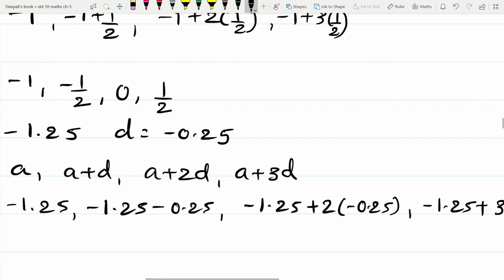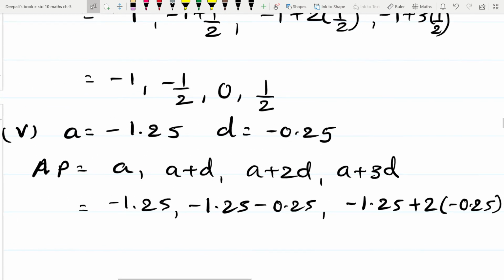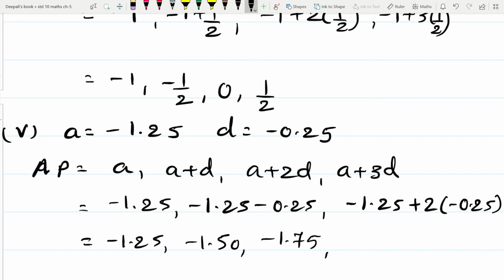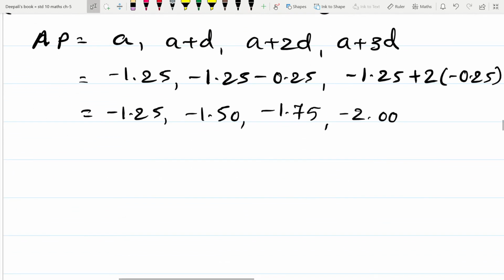When I solve these sums, I get minus 1.25, minus 1.50, minus 1.75, minus 2.00. I hope this question is also clear.